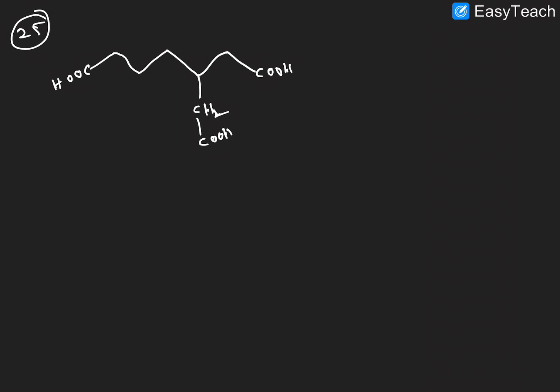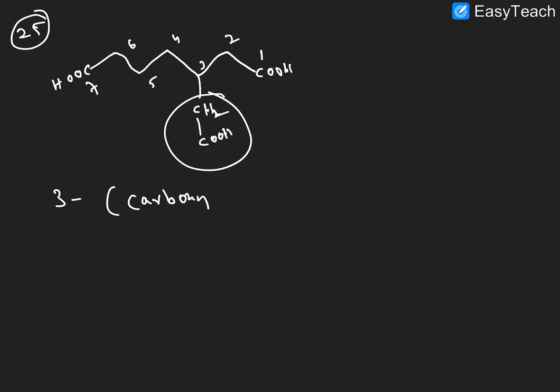So we have to select the two terminal carboxylic acids with the longest chain. So this is obviously 1, 2, 3, 4, 5, 6, 7, and we have to select this. This has a substituent. So at which place is the substituent? Third place. And what is the substituent here? Carboxymethyl.